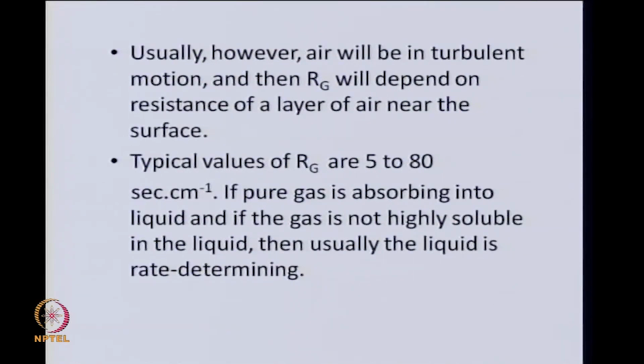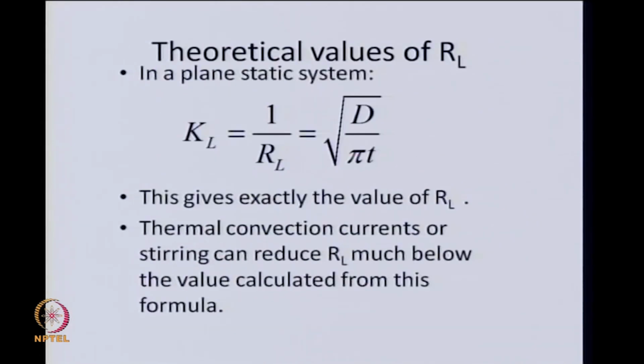If you take the other extreme example which I had used earlier, if pure gas is absorbing into the liquid and the gas is not highly soluble in water, then usually the liquid phase is the controlling resistance, right. Pure gas that is not highly soluble in the liquid will mean liquid phase resistance will be controlling.